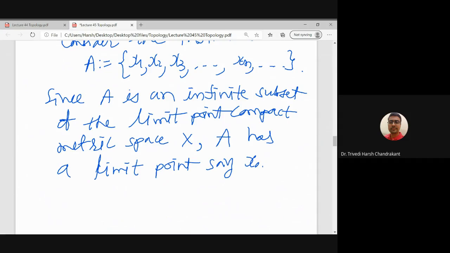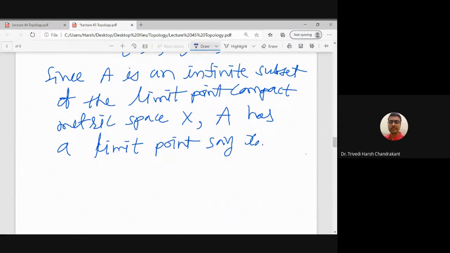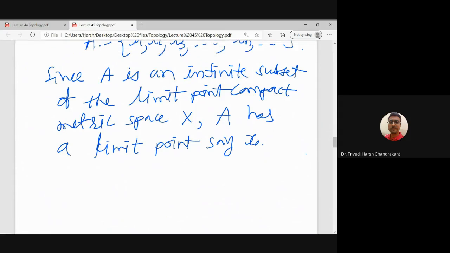So now once again we will use the characterization of limit point. That says that since x naught is the limit point of A, every neighborhood of x naught intersects A in a point other than x naught, right? So what we will consider now are particular open sets around x naught, which are the neighborhoods, the basic open sets.